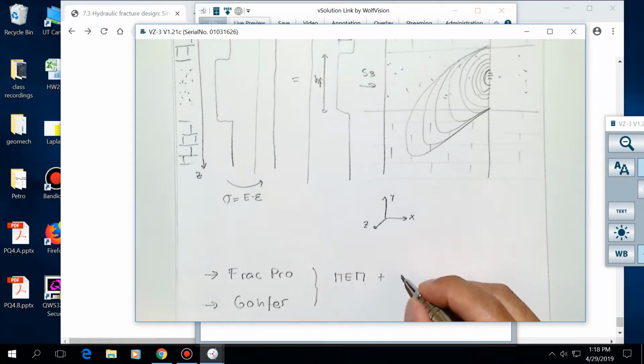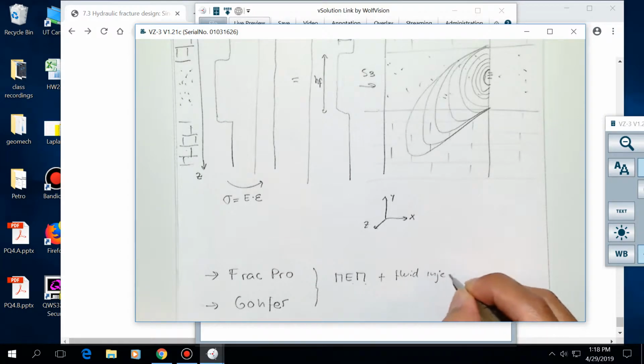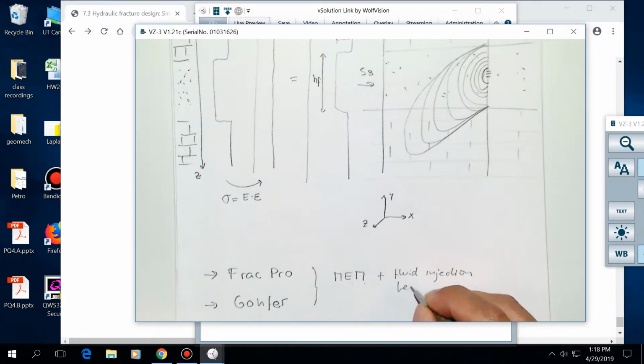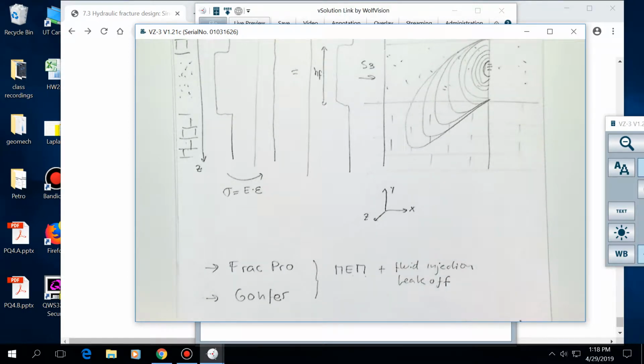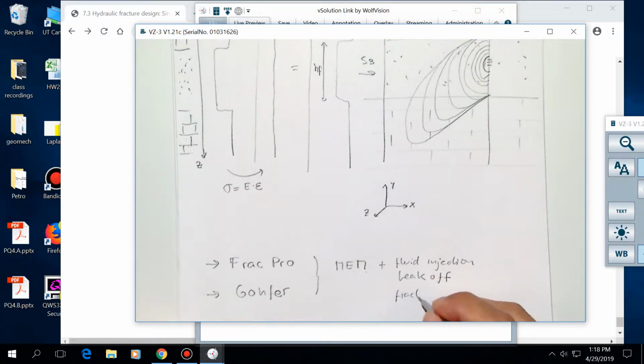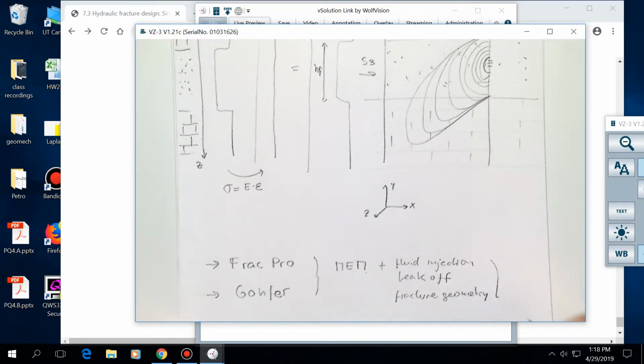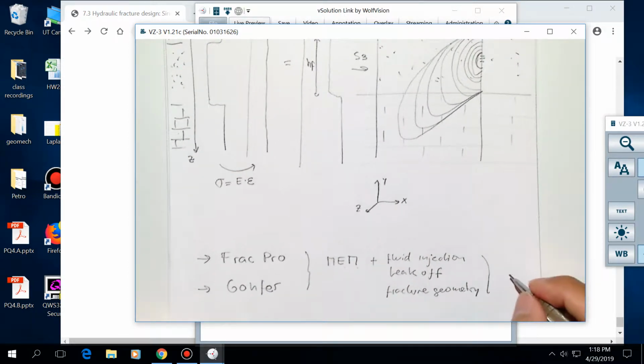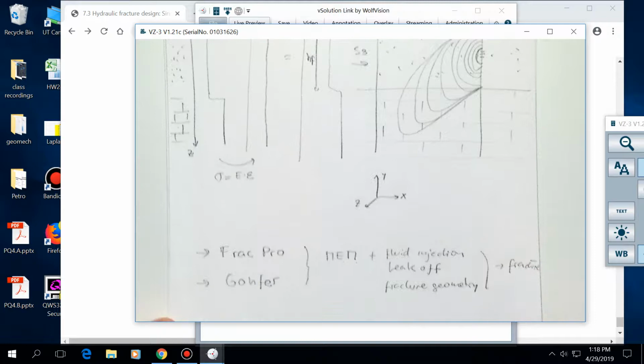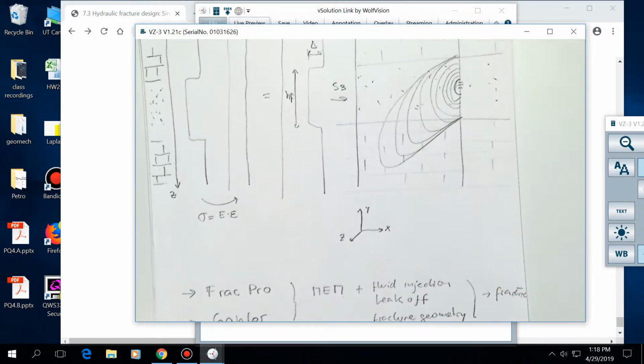They couple that with the fluid injection, leak off, and fracture geometry to determine the resulting fracture. But it's exactly what we have seen so far.